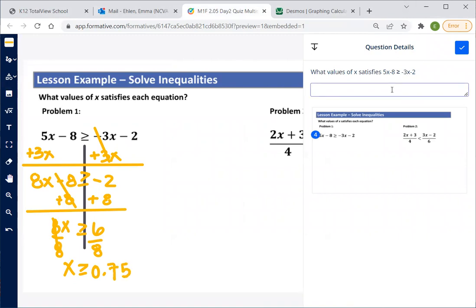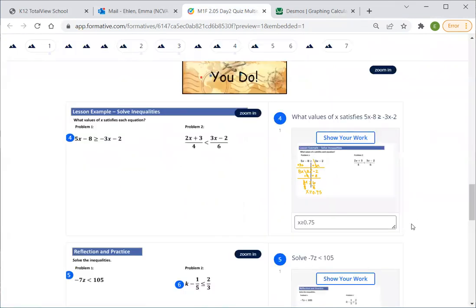I don't have the symbol here, so I'm going to copy and paste it from the problem. X is greater than or equal to 0.75.